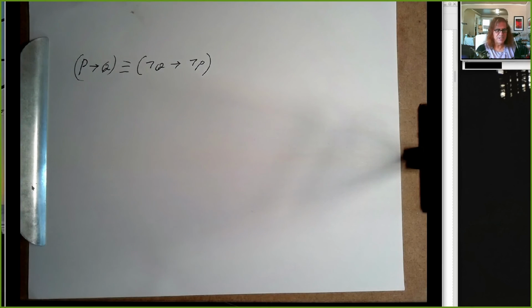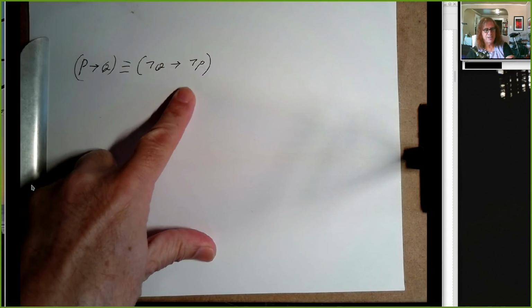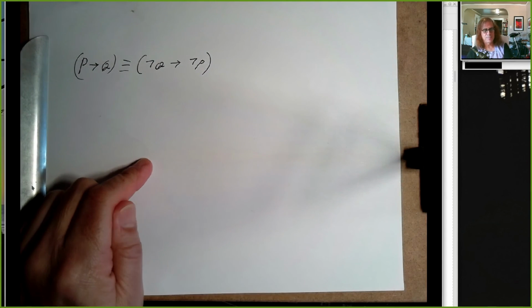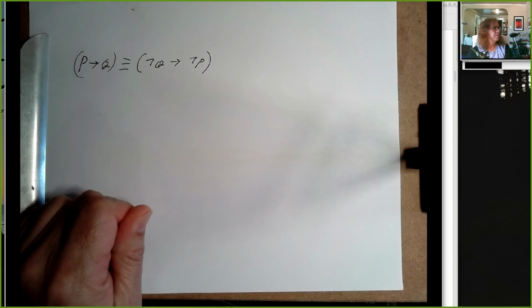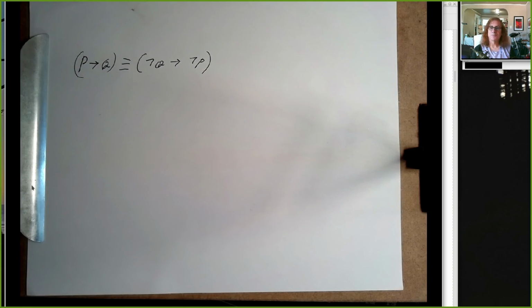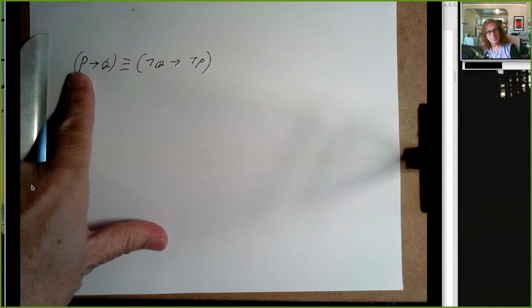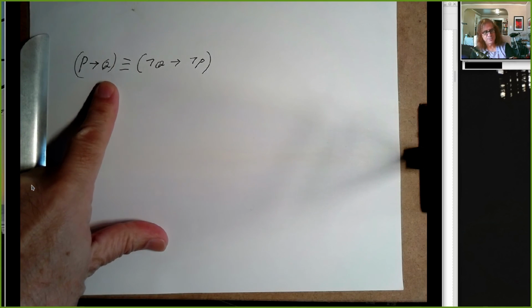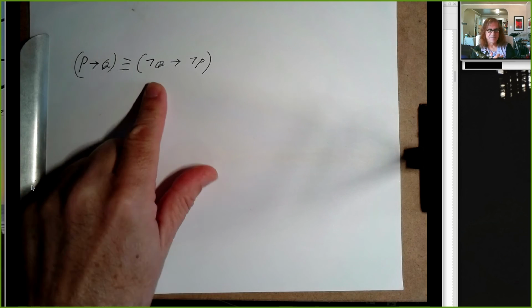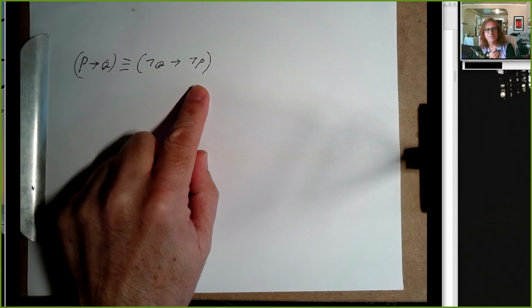So if P, then Q is the same thing as if not Q, then not P. And we can show that with truth tables pretty easily also. But logically, what is this saying? Suppose we're told if P is true, then Q is true. We can also say equivalently, if Q is false, then P is false.